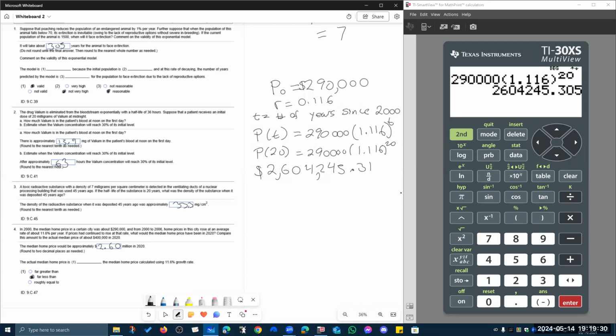So we have grossly overestimated the median home value using this model, because we assumed a constant rate of growth when that wasn't the case. The market goes up and down and fluctuates quite a bit. So this was not a good model.